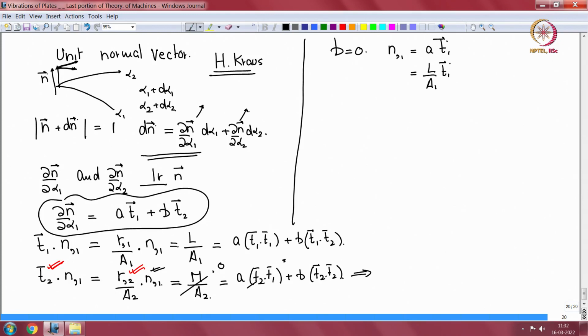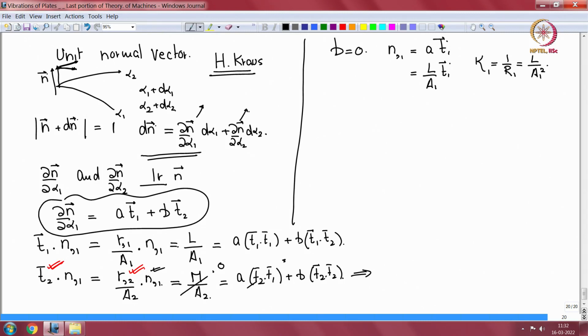Now one of the curvatures, principal curvatures, let me call it kappa here, and hence 1 over R1 is L by A1 squared, if you remember the ratio of the second fundamental and first fundamental form.